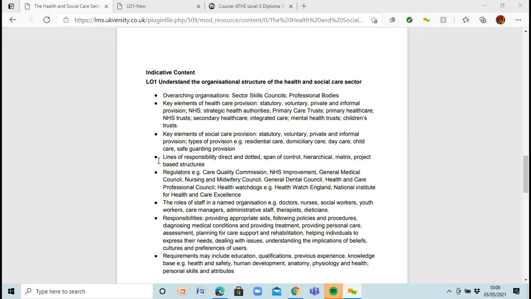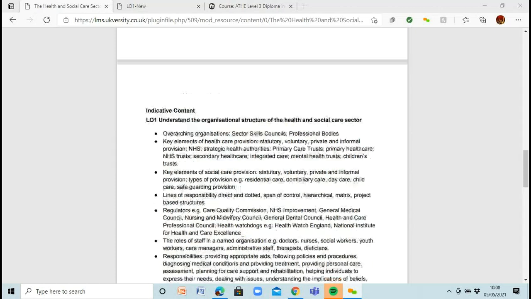The 4th bullet point will cover 1.2. The 5th bullet point covers 1.3. The 6th bullet point covers 1.4. And then the last bullet point, the one that says requirements, covers 1M1.